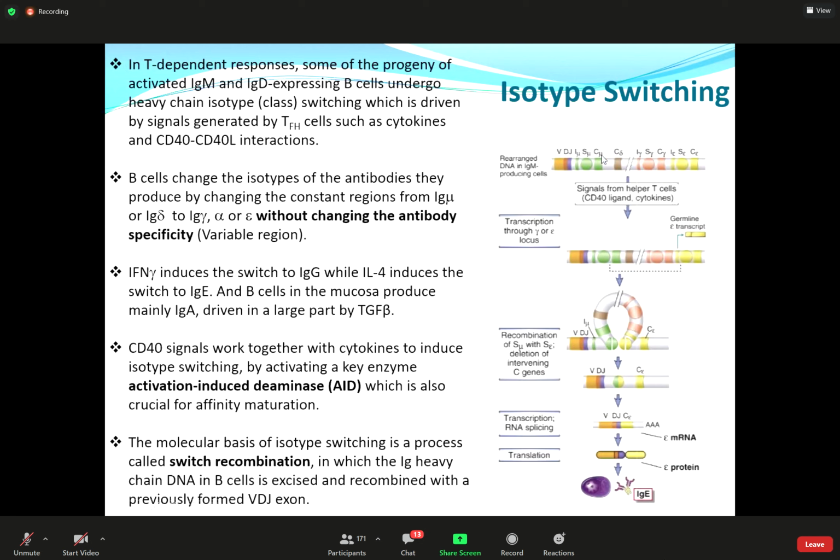So that C-mu constant region is the one that is associated with this whole messenger RNA, and all of these others, the C alpha, C gamma, and so on, are cleaved off.